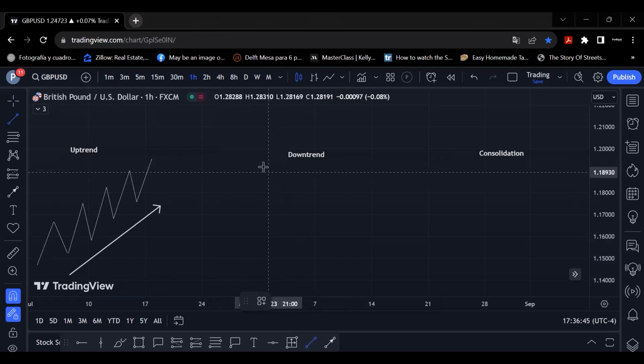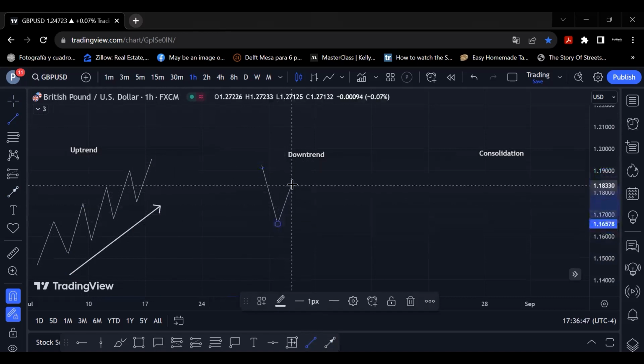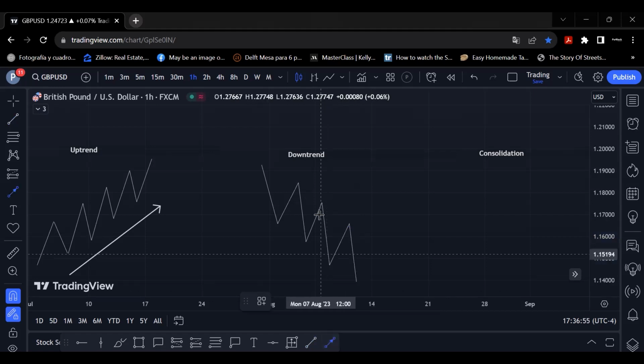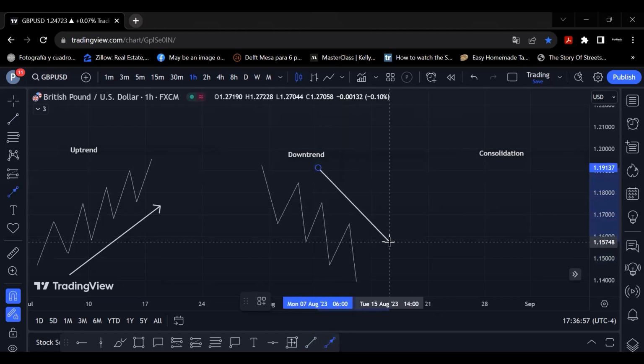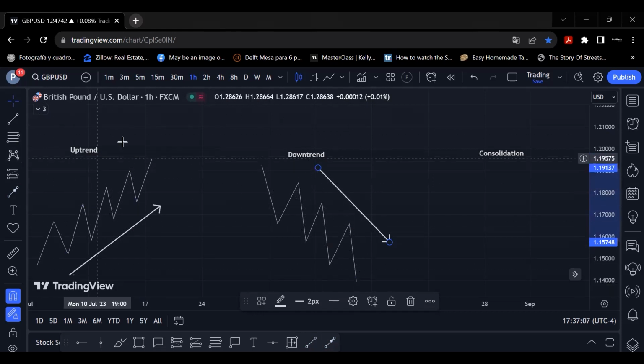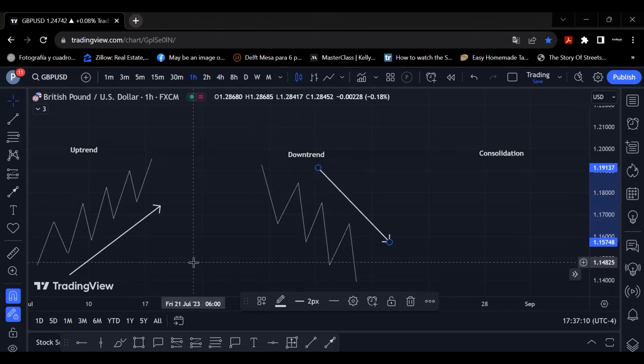On a downtrend, we usually have lower highs and lower lows. This is on a healthy or perfect downtrend. Now, why do I say perfect? Because we don't always see these types of market structures, although we're still in an uptrend or a downtrend.